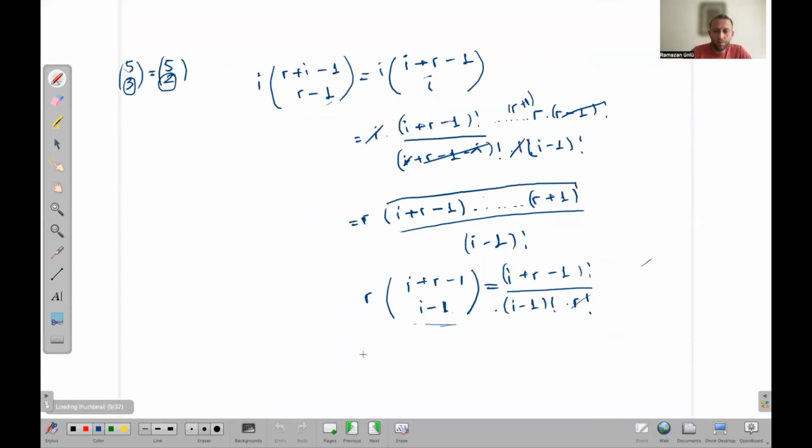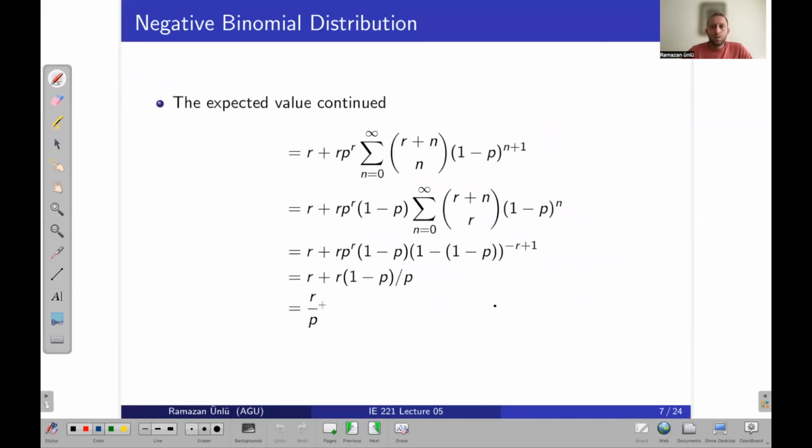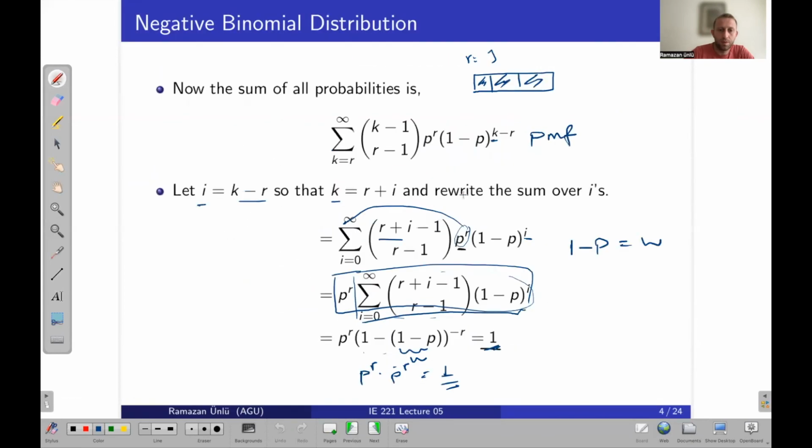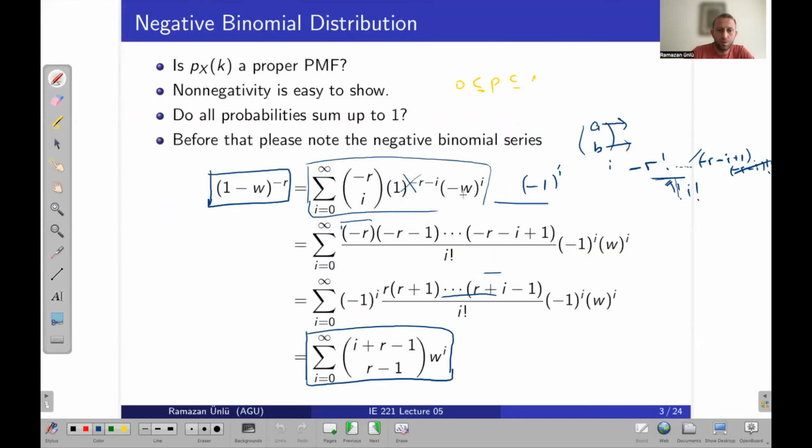So let's continue. This is the term we have now. And again, let's do some trick. Just take 1 minus p here and send it to the outside of the summation. And this part will be the summation of r plus n, choose r times 1 minus p to n. So this is similar to this guy, right?